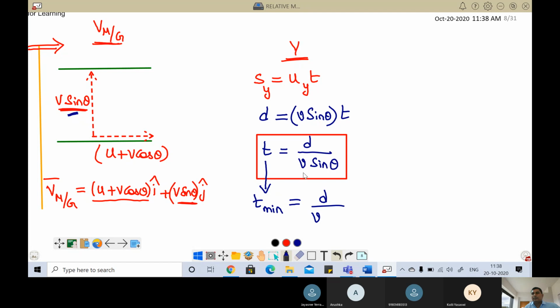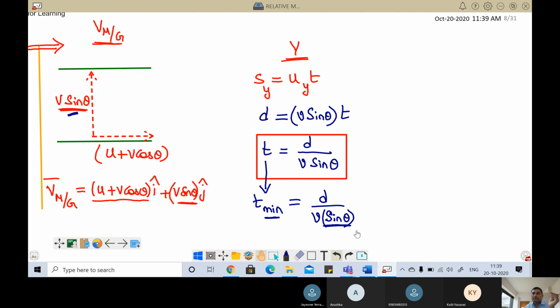Now sin theta, as I told you in the beginning, theta can change, because that is what the question is: in which direction you should swim means theta is variable. So this is the variable. Now if this has to be minimum, the numerator has to be minimum, so this has to be maximum.